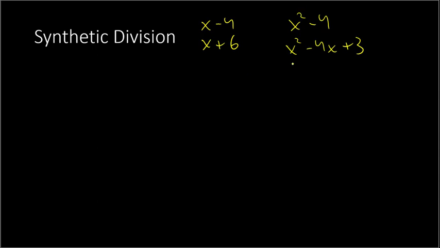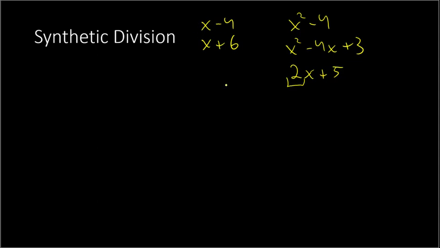And we could do it with things like 2x plus 5, for example, but it's not going to be very pretty with synthetic division because of this coefficient right here. So what we want are things specifically with x plus or minus something. So a binomial with a first degree and with no coefficients in front of the x term.